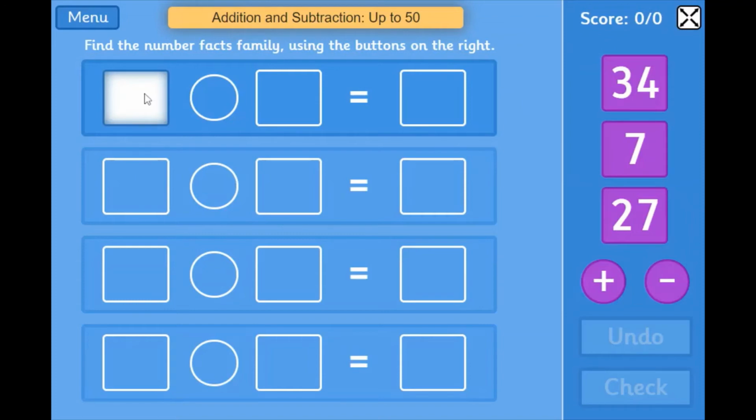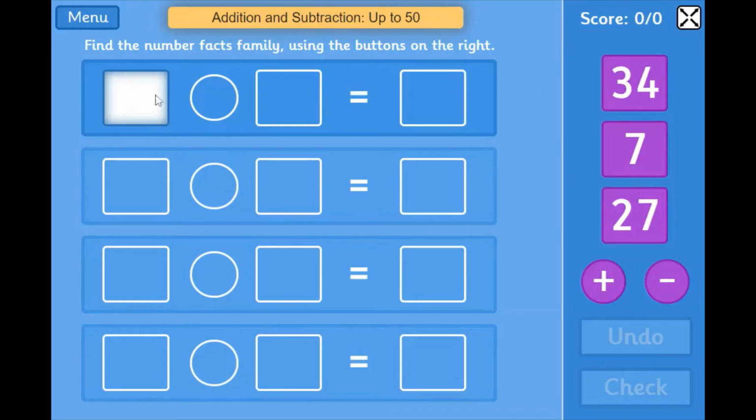You are given the boxes to write out the 4 calculations for that fact family, and these on the right in purple are the numbers and the addition and subtraction signs we've got here to fill out these boxes.